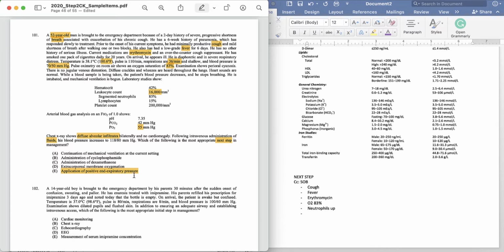Like they might ask you, what would these blood gas values be once you change the PEEP? That might be a question. And they may have actual numbers, or they may have up and down arrows.